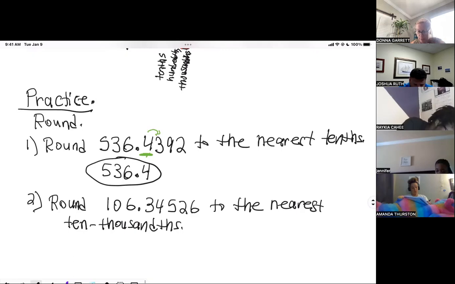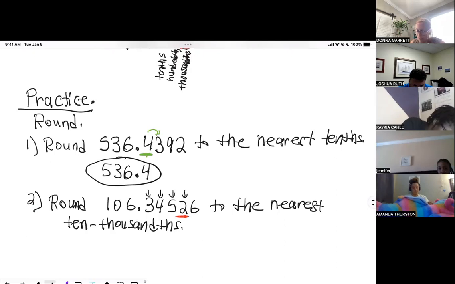Okay, so we have to figure out where ten thousandths is first, right? So this is my tenths, this is my hundredths, this is my thousandths, there's my ten thousandths right there. So that's what I'm rounding right here.